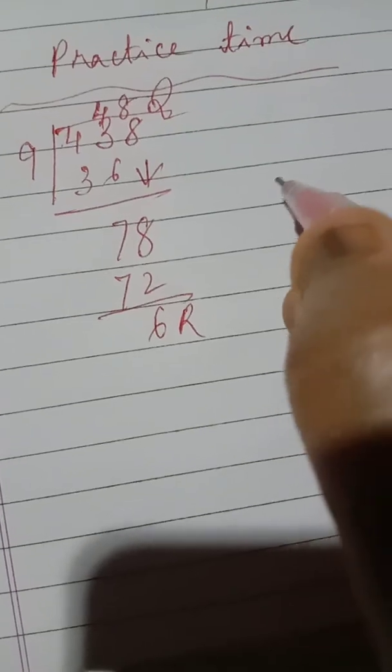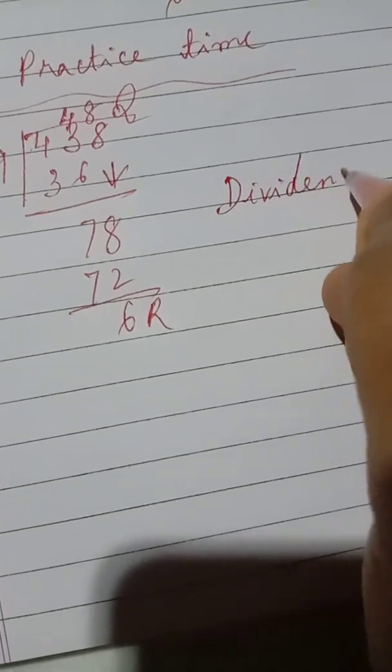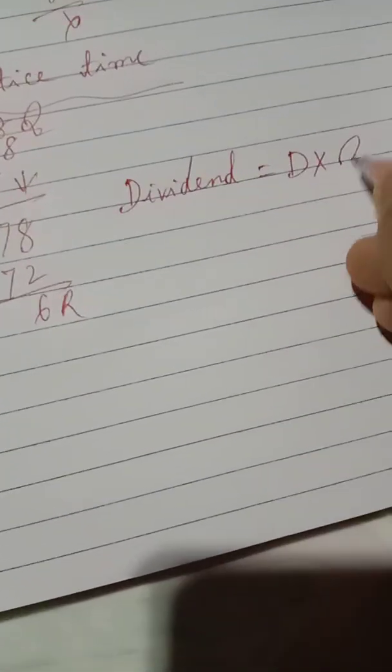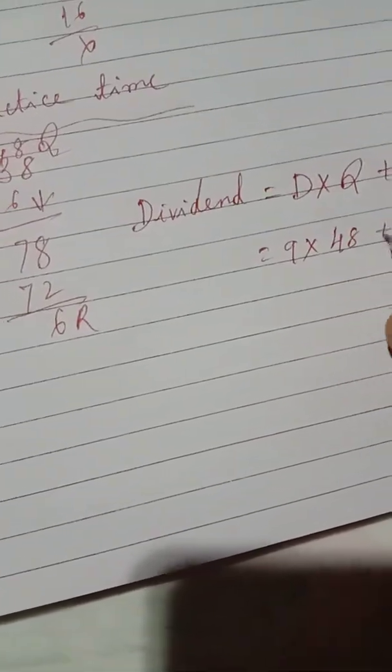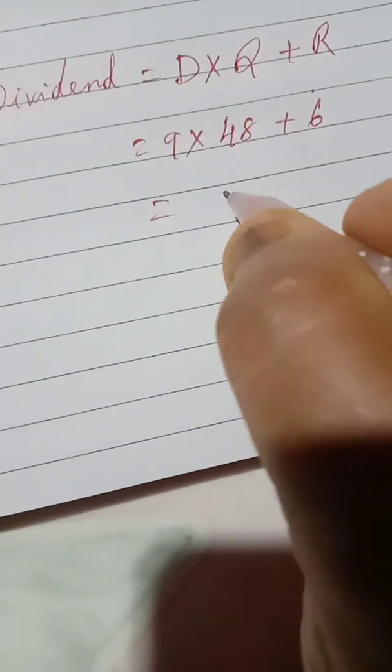Now checking the answer: dividend equal to divisor multiply quotient plus remainder. Here divisor is 9. 9 multiply 48 plus 6. 9 8s are 72.